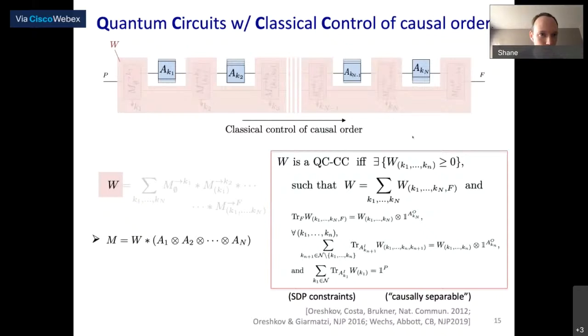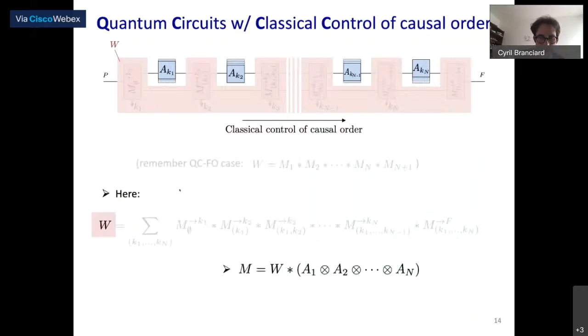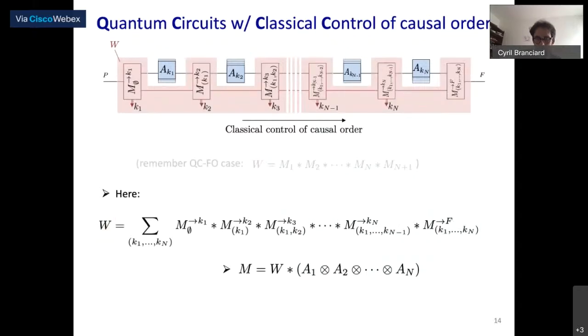So it is perfectly linear or bilinear, but no. Then the sum can't be reduced, and we cannot take just individual sums for each term, because essentially here, this first one would depend on K1 only, but this last operation depends on the whole order of the operations that were applied before.